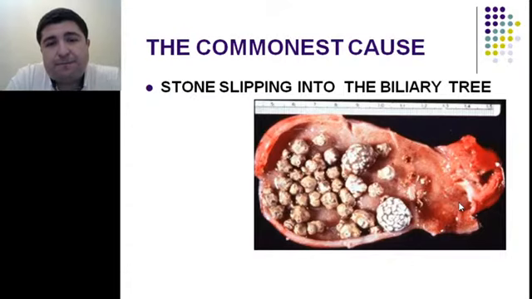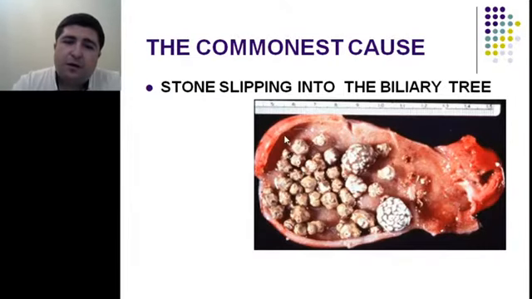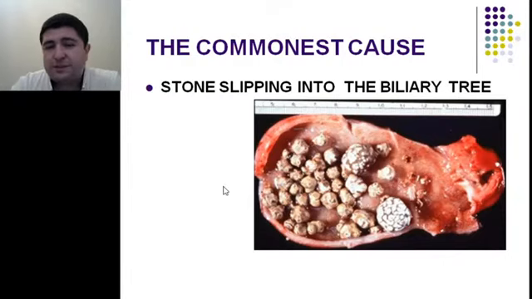And on this picture you can see multiple stones in an opened gallbladder after cholecystectomy, and you can see the different stones the patient has: big, small, different forms, different structure. Of course, little stones are more dangerous for mechanical jaundice. Why?